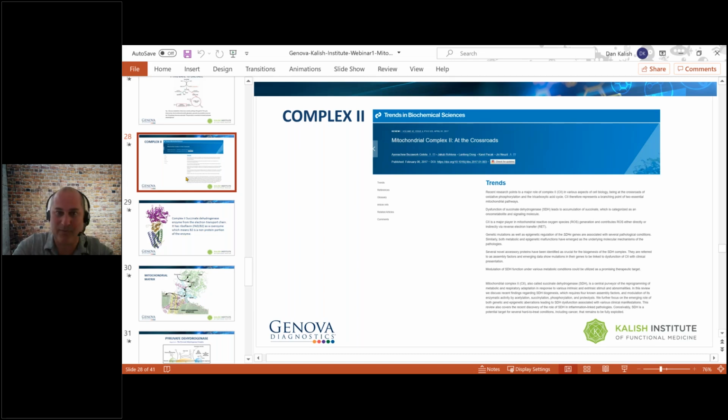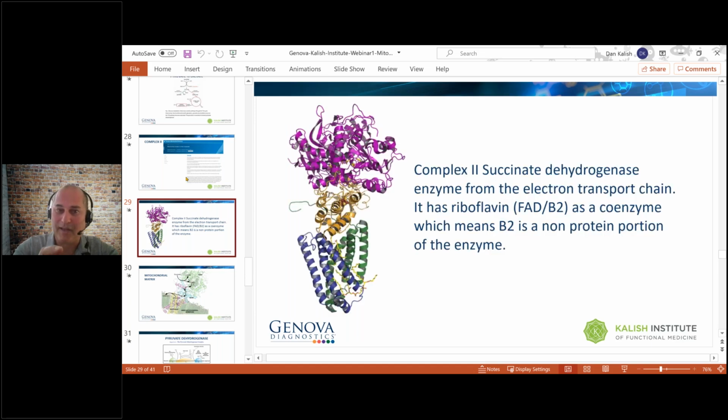Complex 2 succinate dehydrogenase is an enzyme. So right away, what do you know? Those ribbons that you're looking at are amino acids strung together. If there's an amino acid missing, because, I don't know, the person has a bad diet or because the DNA didn't assemble it properly, then the protein might be a little misfolded, in which case it's not going to work perfectly.